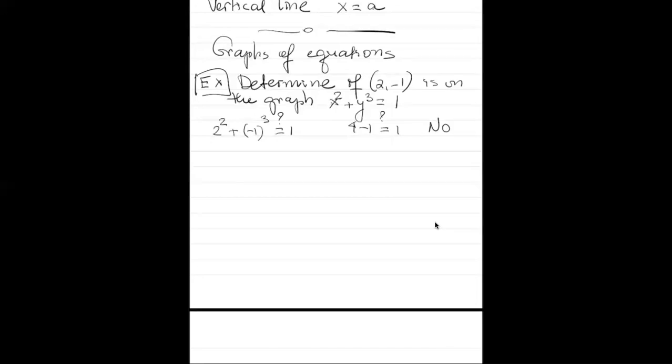Okay, next concept would be x and y intercepts. So x-intercepts and y-intercepts.